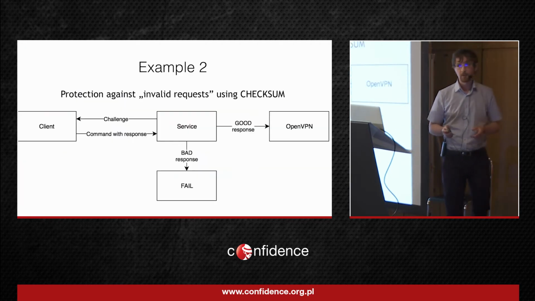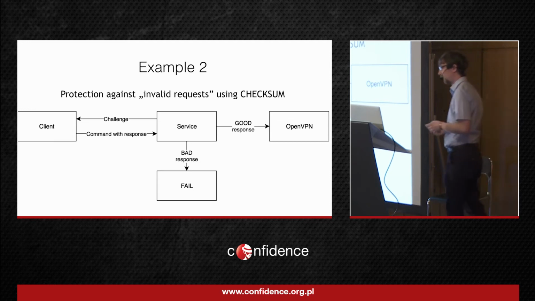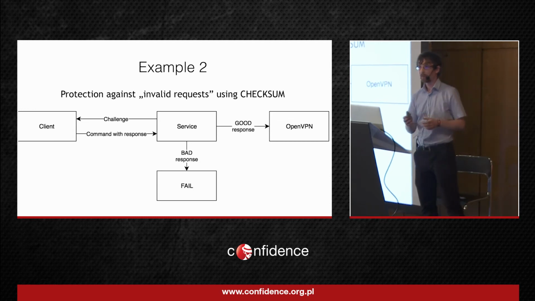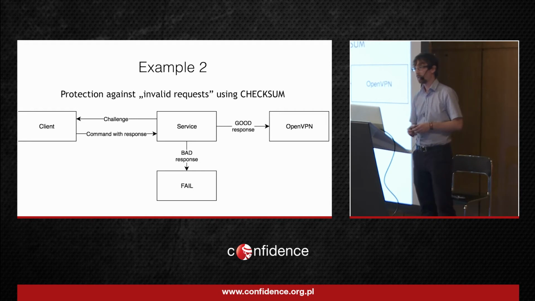So how can the vendor improve their software security? Example number 2. One of the vendors knows that executing everything that is passed to the socket is not a great idea. So he creates some kind of checksum mechanism.